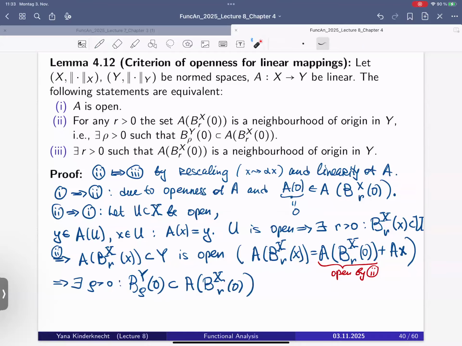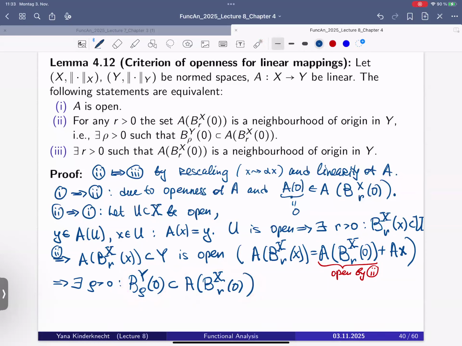Yeah, so it's an open set which contains 0. It's a neighborhood of 0 in Y, and hence there is an open ball around 0 which is a subset of this neighborhood of 0 in Y.